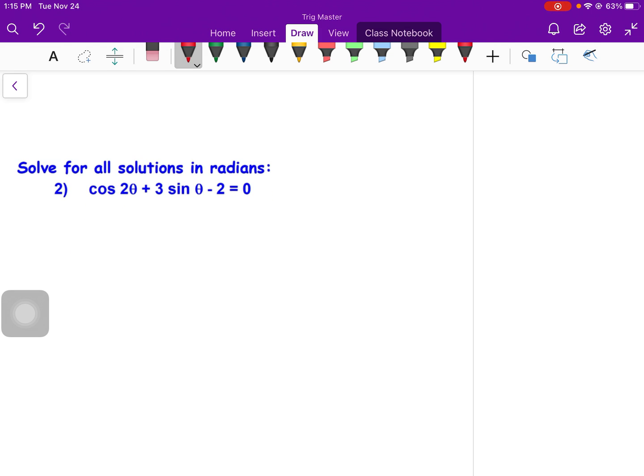Now for this next one, we're solving in radians again. It's a little bit trickier because I have sines and cosines. I can't just jump in like I have been and treat it like an x. I need to get everything in terms of either cosine or sine. This is where I use the identities from last chapter. So I'm going to use the fact that 2 cosine of theta is equal to 1 minus 2 sine squared theta.